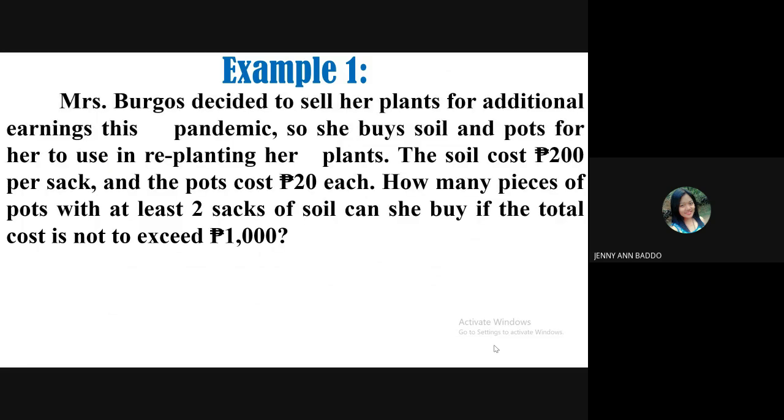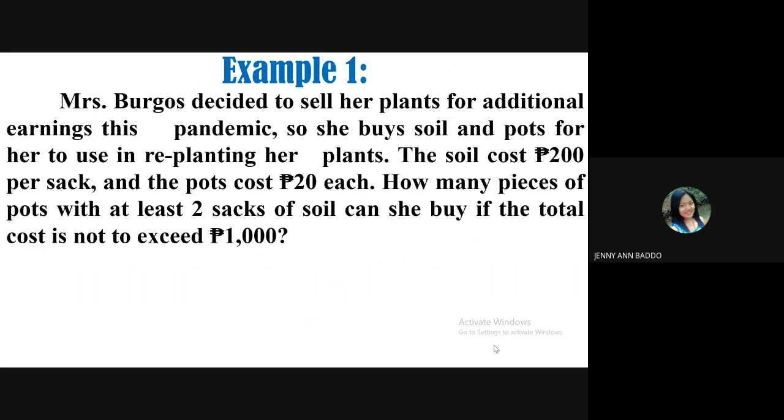Mrs. Burgos decided to sell her plants for additional earnings this pandemic, so she buys soil and pots for her to use in planting her plants. The soil costs 200 pesos per sack and the pots cost 20 pesos each. How many pieces of pots with at least 2 sacks of soil can she buy if the total cost is not to exceed 1,000 pesos?